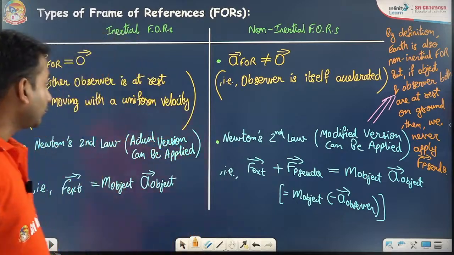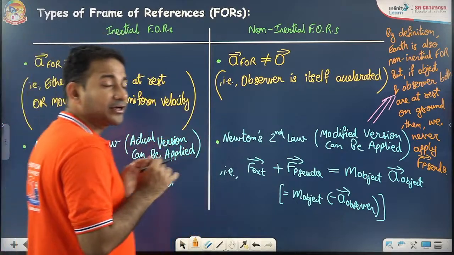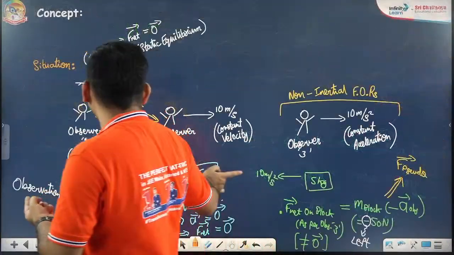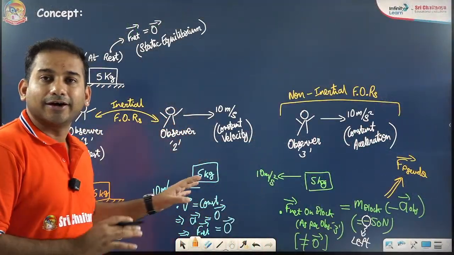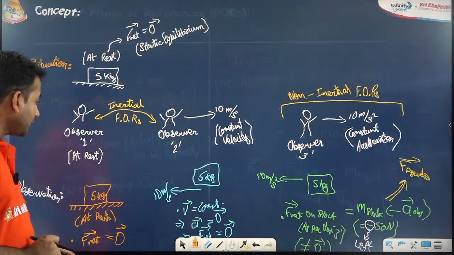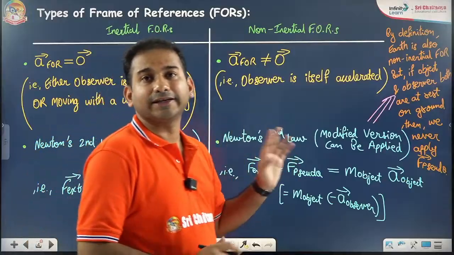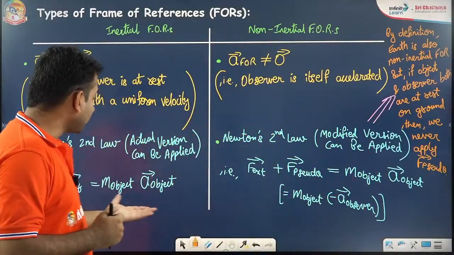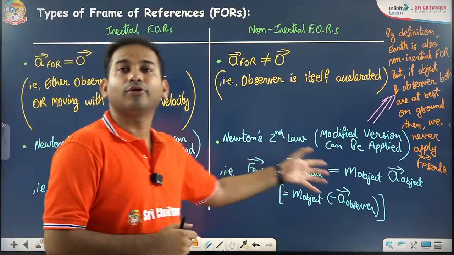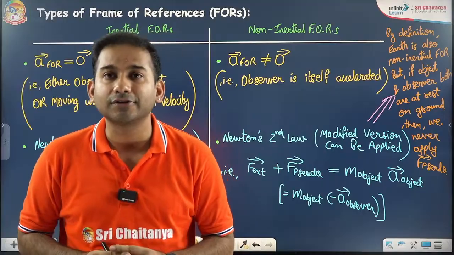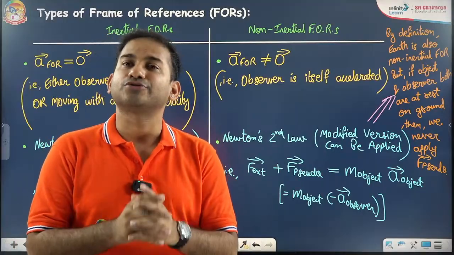All right. So I hope the idea of inertial and non-inertial frames of reference is clear. Here I'm talking about the theoretical aspect: what inertial and non-inertial frames of reference are, and how we can apply Newton's second law, actual version and modified version, in the case of a non-inertial frame of reference. The modification involved is consideration of the pseudo force.